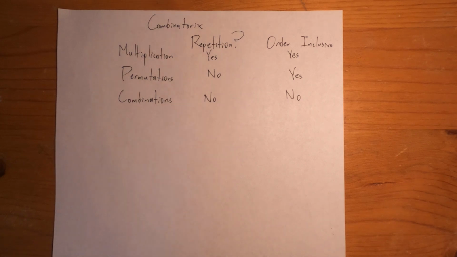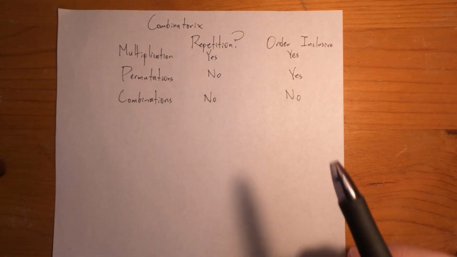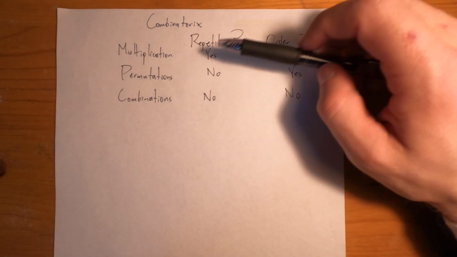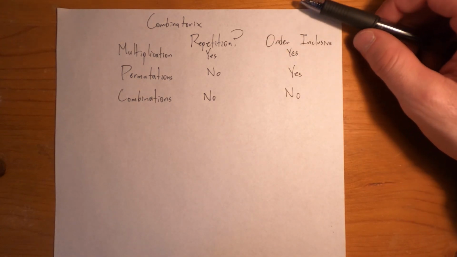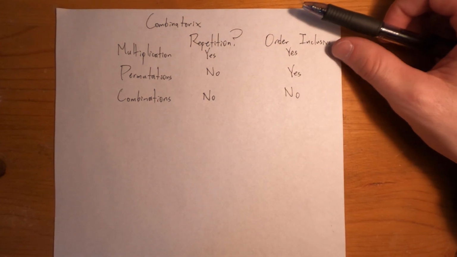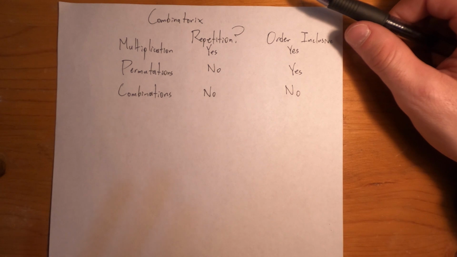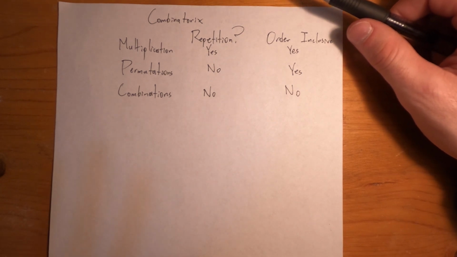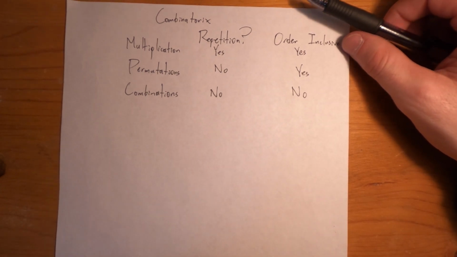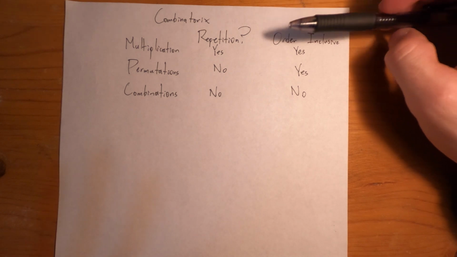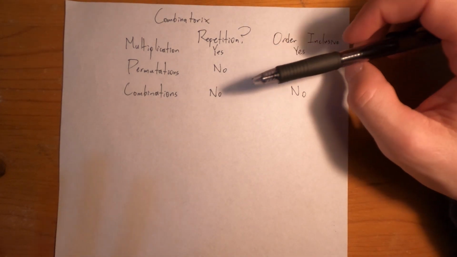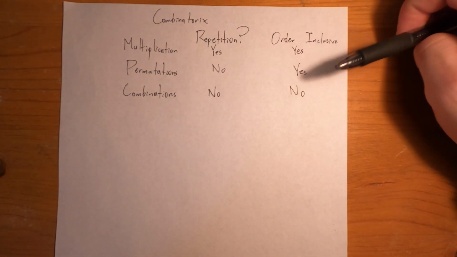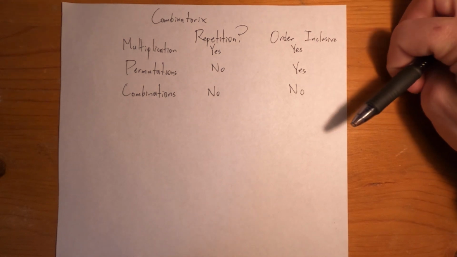So you can use this handy chart to tell whether you are going to use permutations, combinations, or the multiplication rule. Permutations and multiplication are pretty interchangeable, meaning you can use either of those two in most situations where you're not able to use combinations because you want to be inclusive of orders.